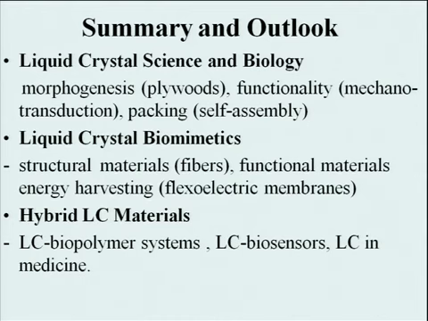So liquid crystal science and biology, morphogenesis, is always going to be around. These problems of functionality, like hearing, for example, where you have mechanotransduction. We have a lot of packing problems, self-assembly problems in biology that haven't been explored completely. You have flexibility, you have charge.